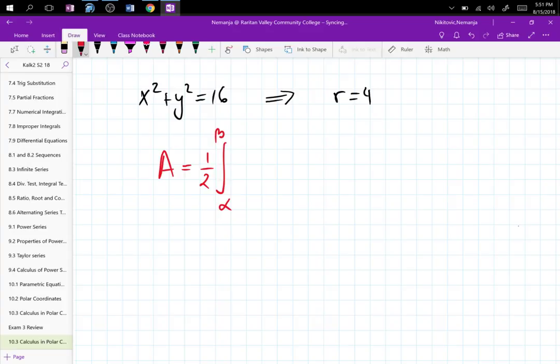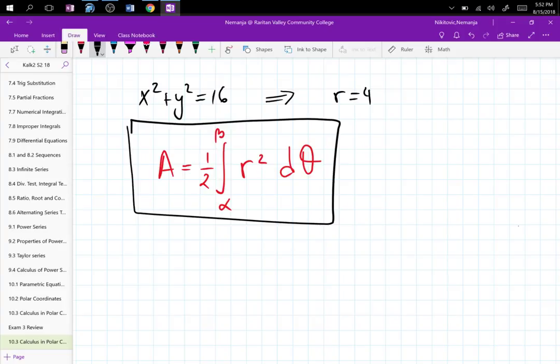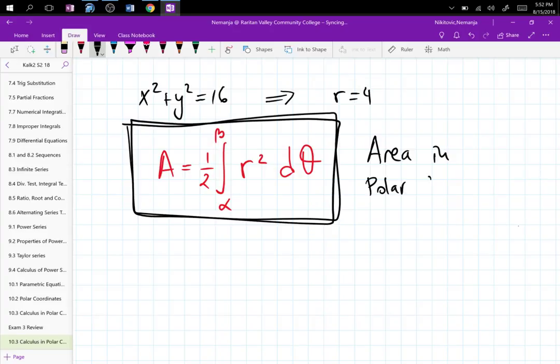Then you have your r squared d theta. So this is your equation to calculate area in polar coordinates.